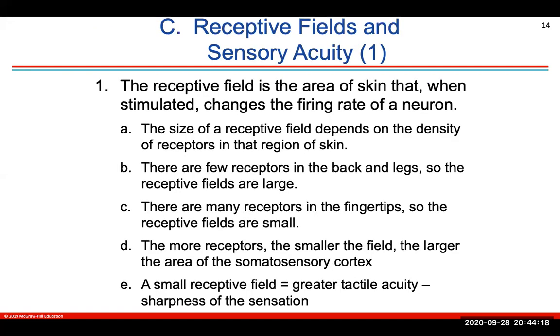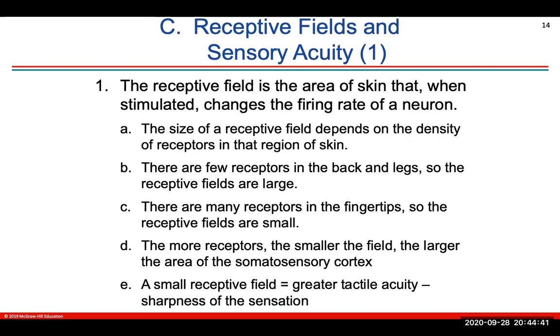The receptive field is this area of the skin that when stimulated changes the firing rate of a neuron. And the size of the receptive field depends on the density of receptors in that region of skin. So in your back, your legs, your neck, there are fewer receptors, so the receptive fields are extremely large.